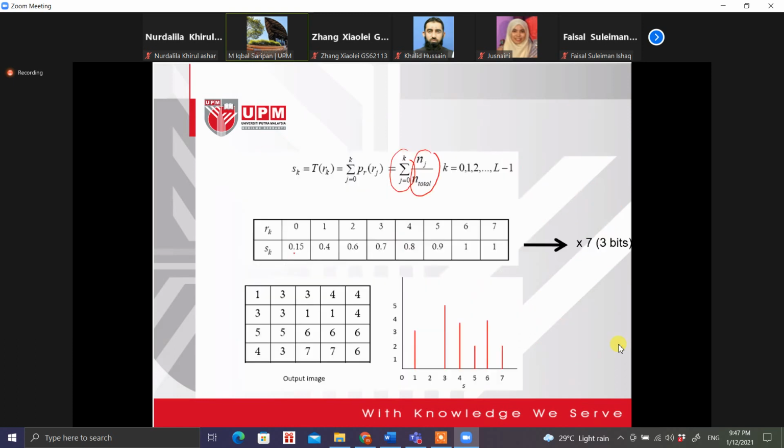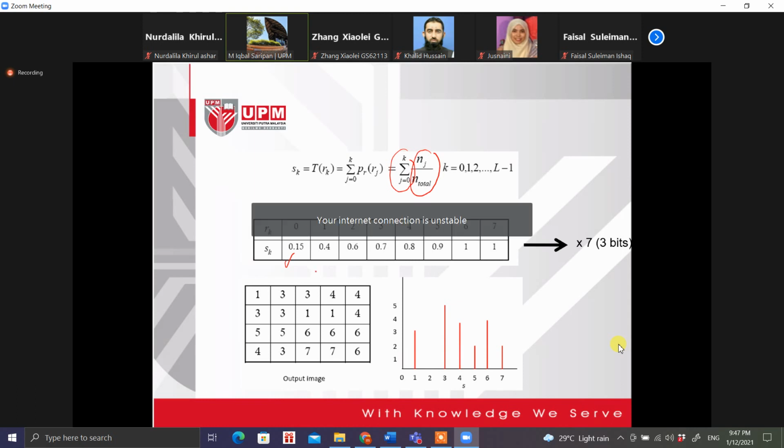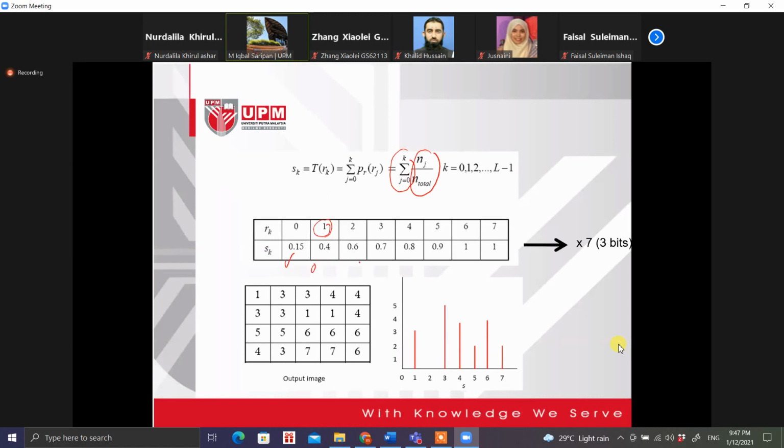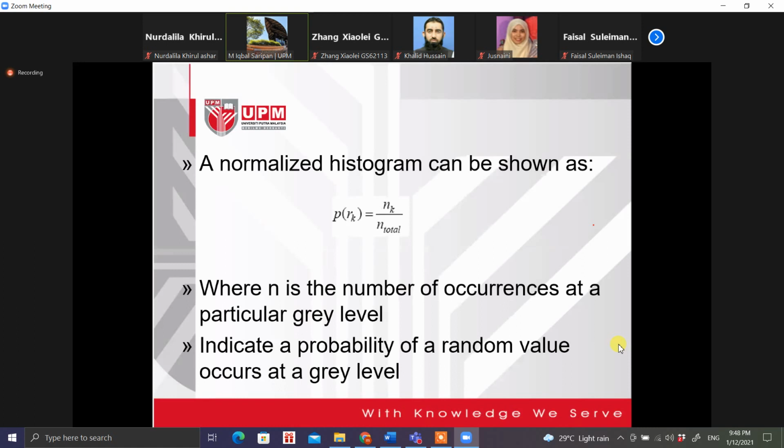So 0.15 for value of 1, okay, 0.15 plus 0.25, which you get 0.4, right? For these two it is actually 0.15 plus 0.25 plus 0.2, then you get 0.6.